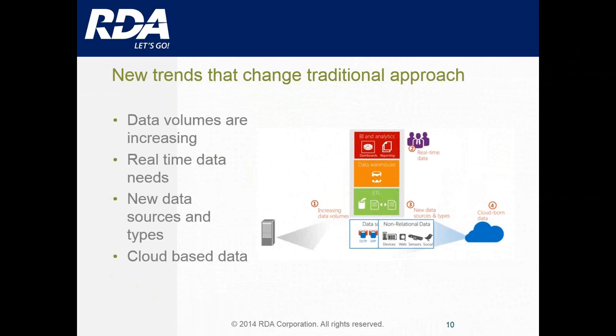Earlier you just had ERP systems or maybe OLTP systems, but now you have different types of data: maybe social data, sensor data, data from the logs of your various websites. And of course, there are various cloud-based data sources or cloud-based data targets that you may need to handle.